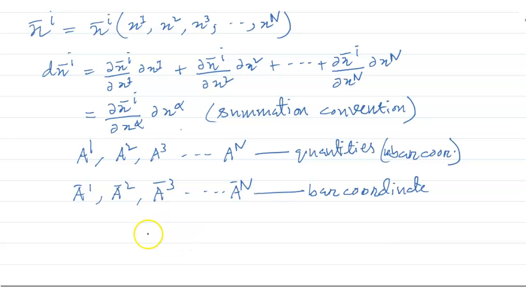So friends, A bar i is equal to del x bar i, which is equal to del x to the power alpha into A alpha.